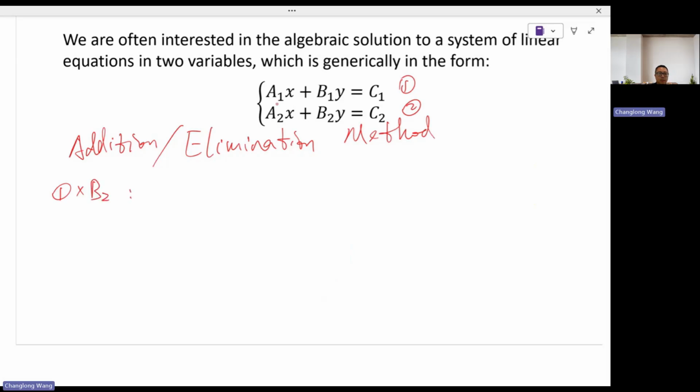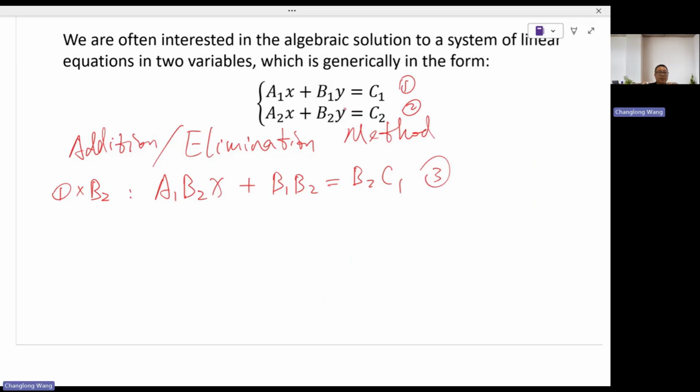Then you see that the first term is going to be a1 b2 times x. And by the way, those uppercase letters are not matrices, just numbers. Plus b1 b2 y equals, let's go with the alphabetical order, b2 c1. I'll call that equation number 3.